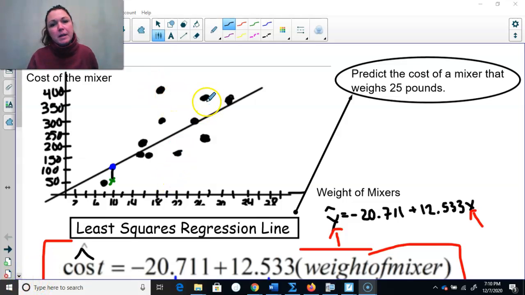So all of these dots right here are actually observed Y values, and they all have a residual with them. This distance, for what I think looks like approximately 26 pounds, there was a mixer that was 26 pounds and it cost $350. But the line predicted it to be about, just eyeballing it, about $300. So the residual is telling us the difference.